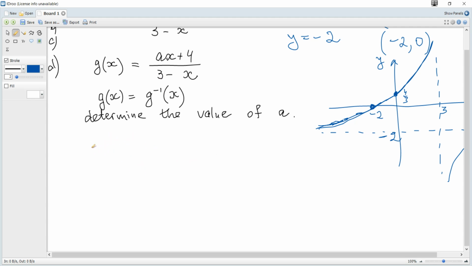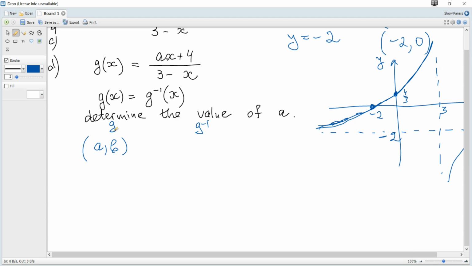But let's consider some point a, b, or x, y. Let it be a, b, which belongs to g, and we know that in general for a function and its inverse, x and y change each other.